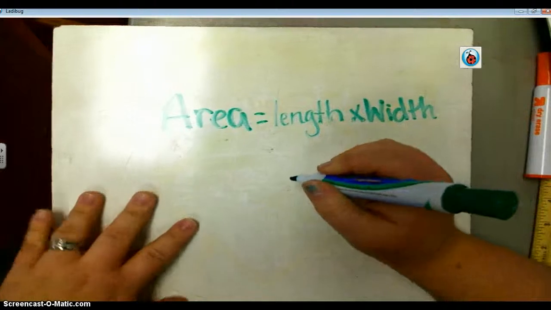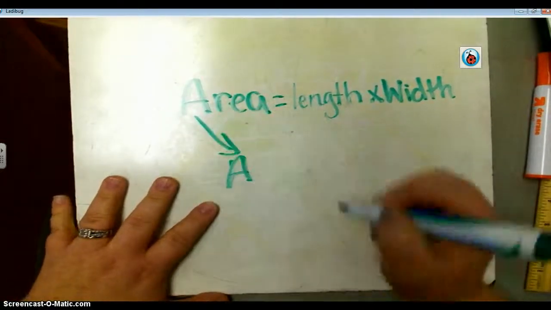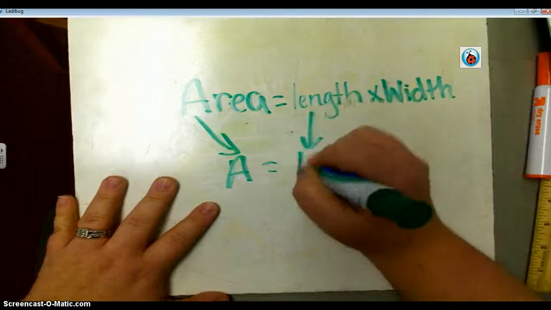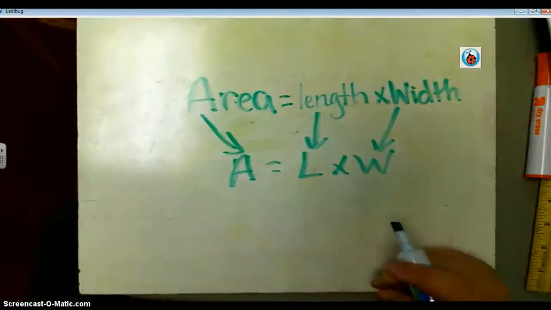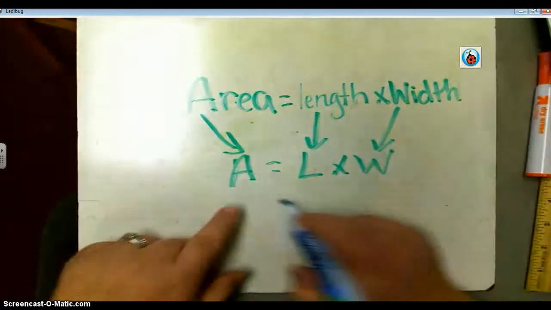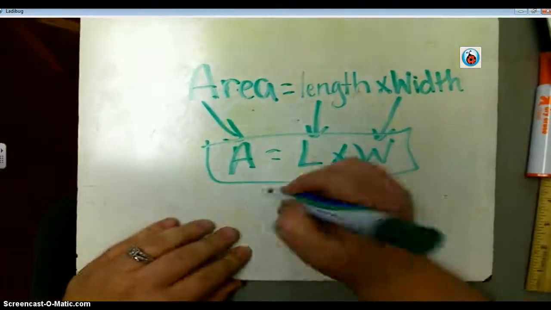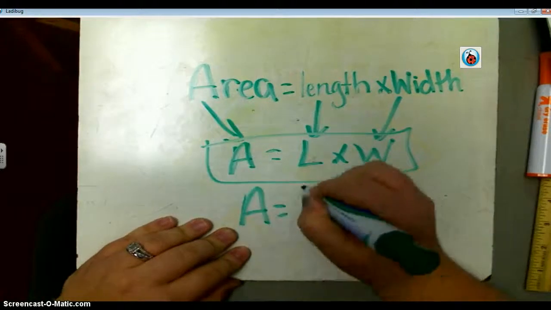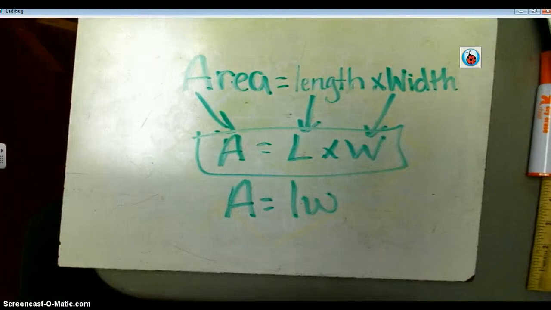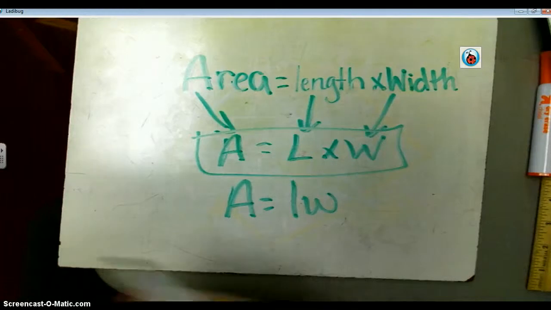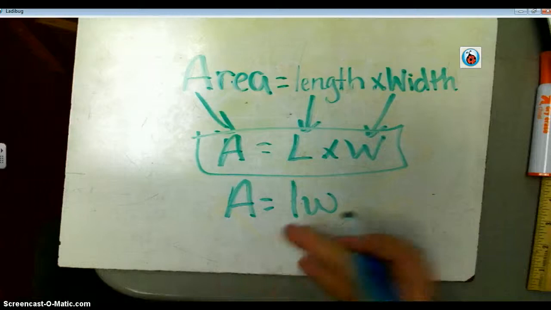We choose to use letters to represent this. I use A for area, L for length, W for width. So when I say a formula, Derek, I mean this part right here: A equals L times W. I could also write this as A equals LW because anytime I have two letters next to each other, that means I'm multiplying. I just want you to be familiar with a different way that you may see this formula written.